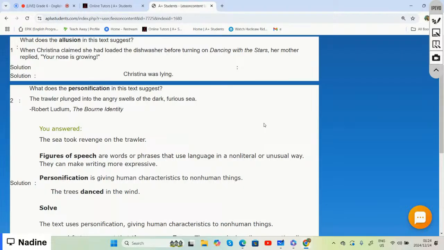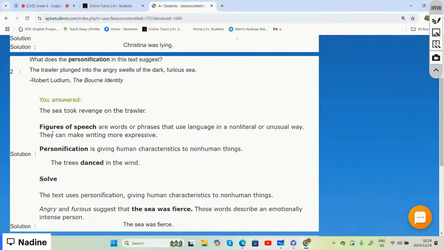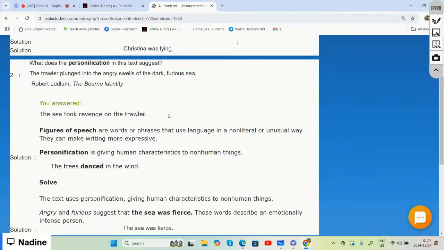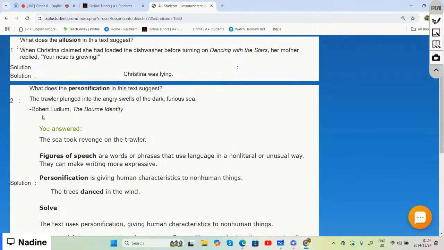So the trawler plunged into the angry swells of the dark, furious sea. We now need to choose the correct words that tell us what the personification is.